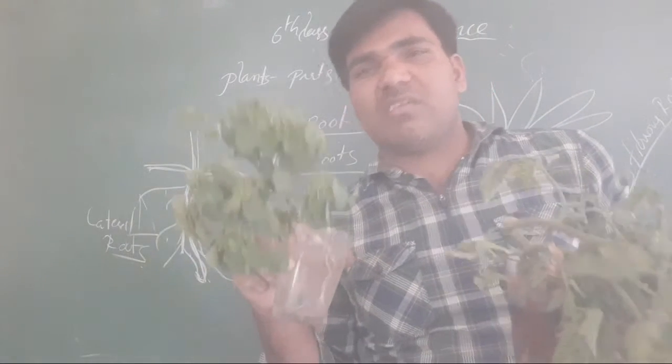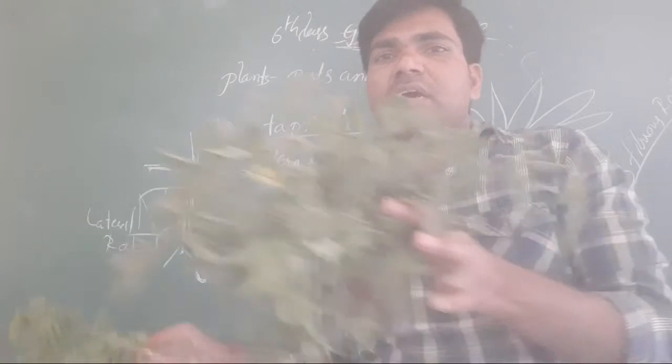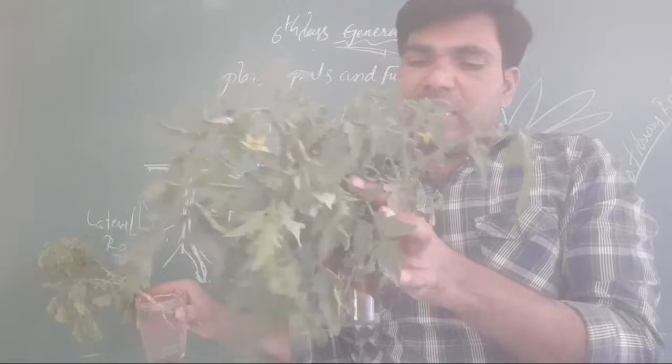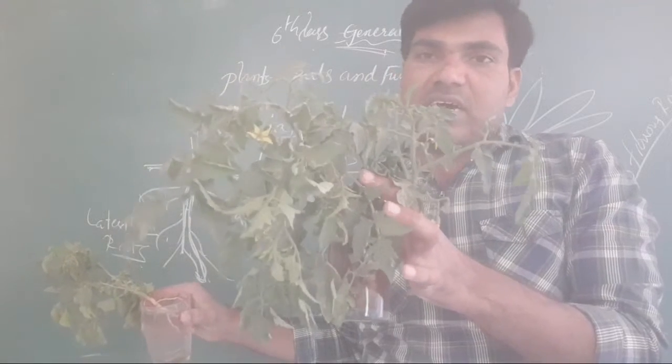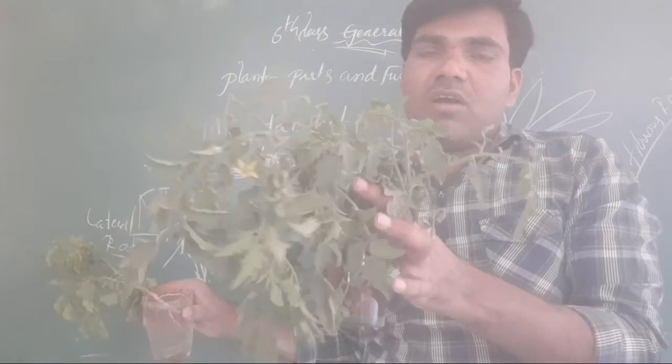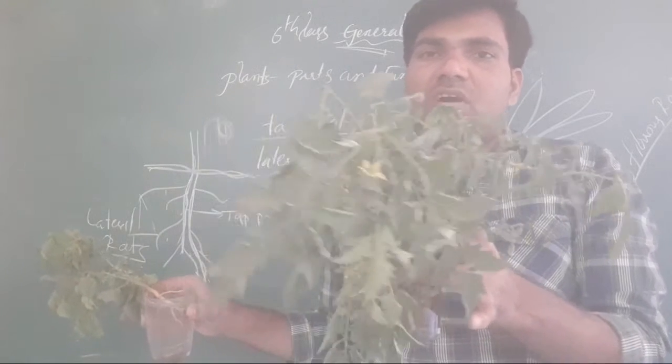There is no change in the first plant, but in this one the stem changes, and the color of the leaf also changes. Somewhat red color dots appear for us. Got it or not?